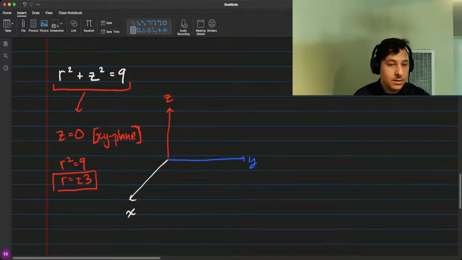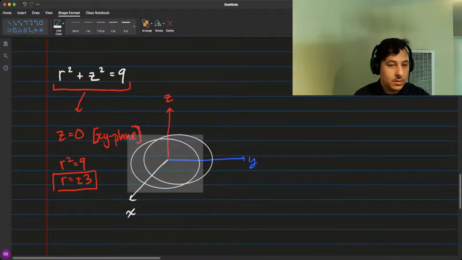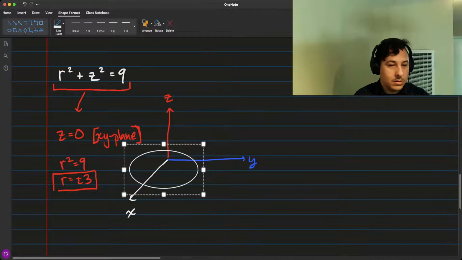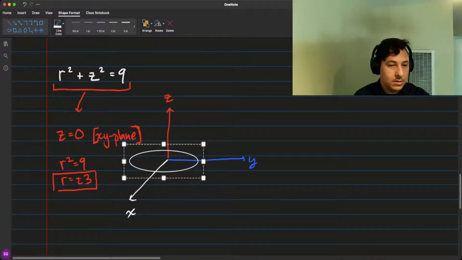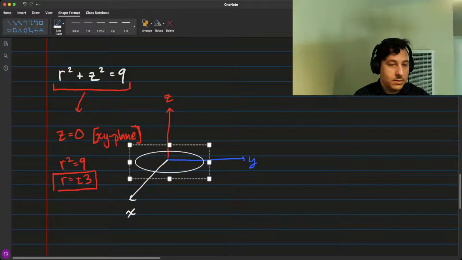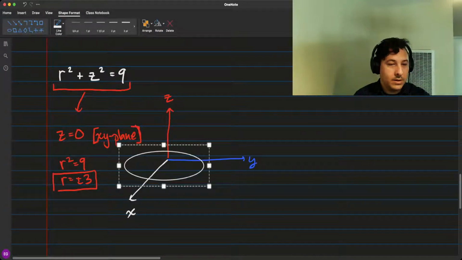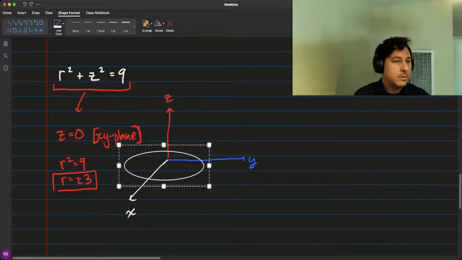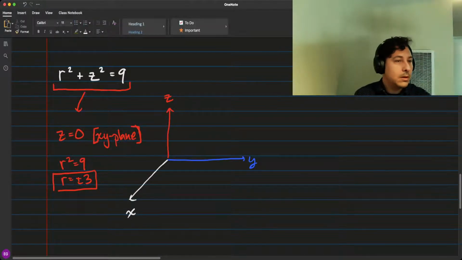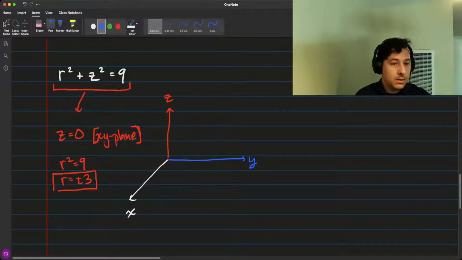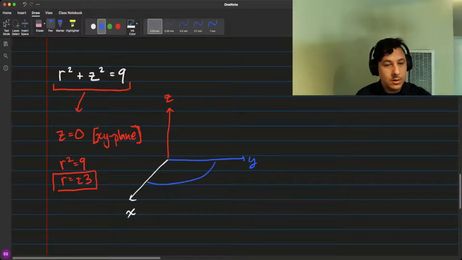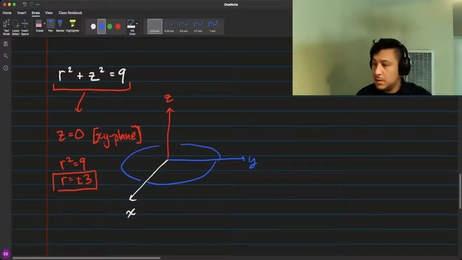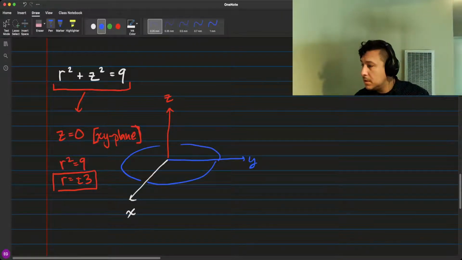Let's draw our circle in here. Why only the one circle? Okay, I guess that doesn't really work well.